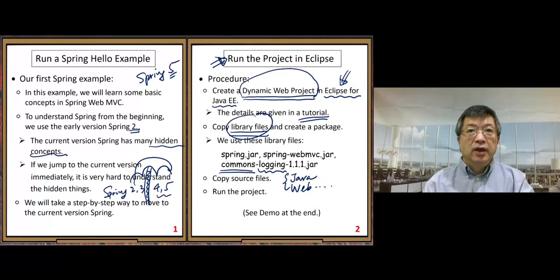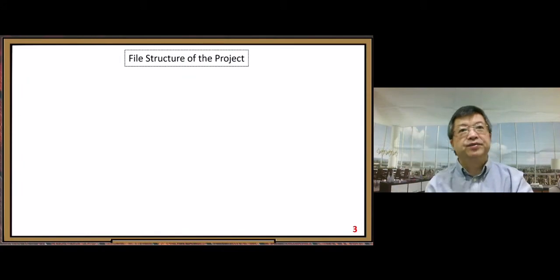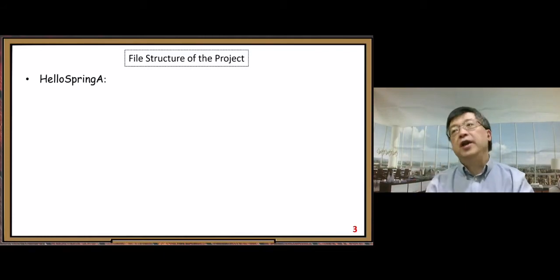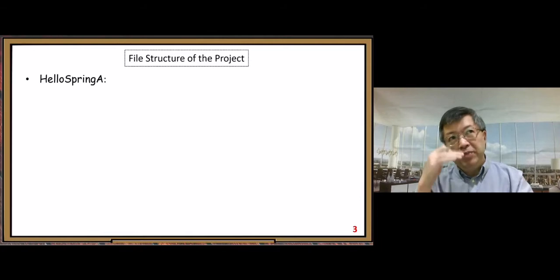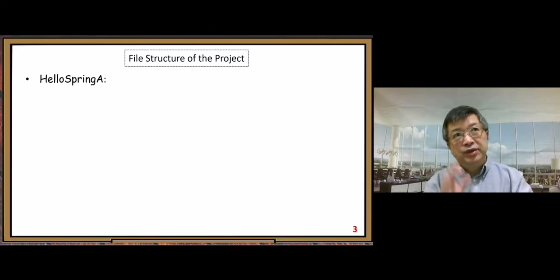Next, let's look at the file structure of the project. Pretty simple. Our project name, we call it Hello Spring A. A means version A. Later, we will have version B, version C, and so on, because we may use different technologies to do this kind of simple project.